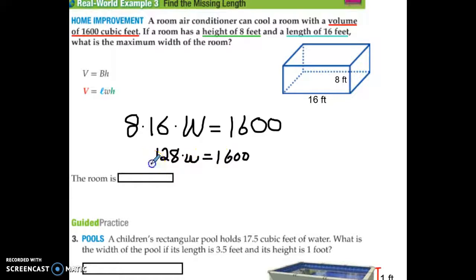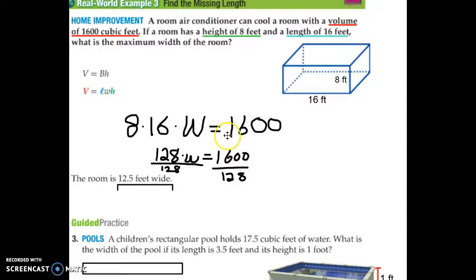So just like we did equations, I have to divide both sides by 128. I do the opposite of multiplying, which is dividing. And so I do 1600 divided by 128. That will tell me my width of the room is 12.5 feet, to make this a 1600 cubic foot room.